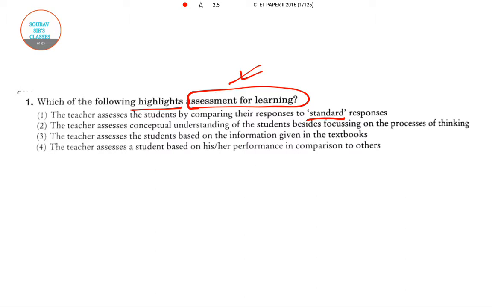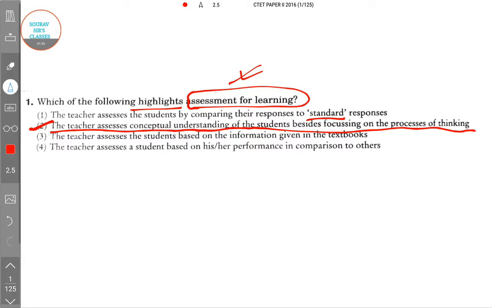The correct answer is option 2, that is, the teacher assesses the conceptual understanding of the students besides focusing on the process of thinking. So this actually highlights the assessment for learning.